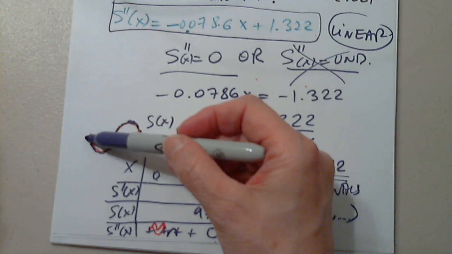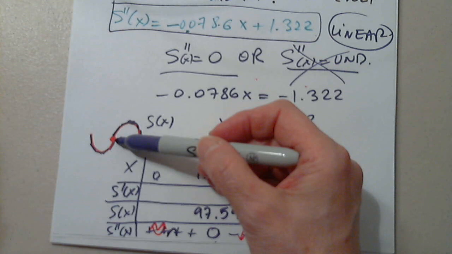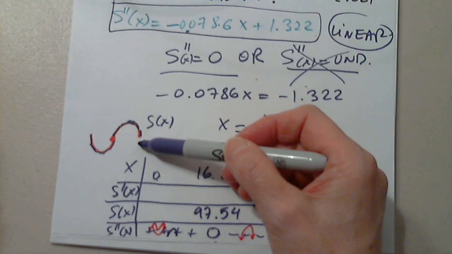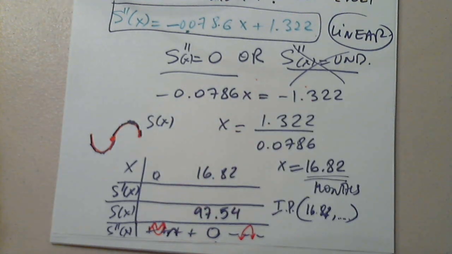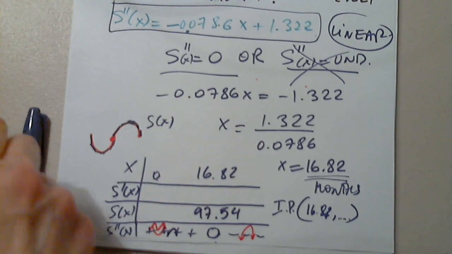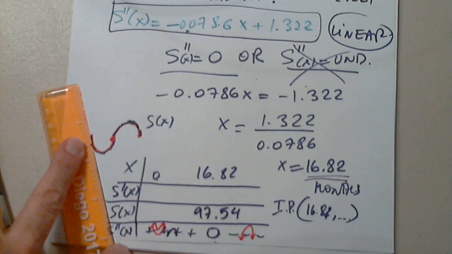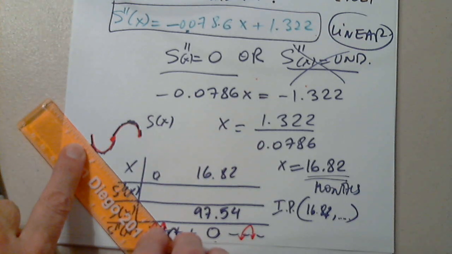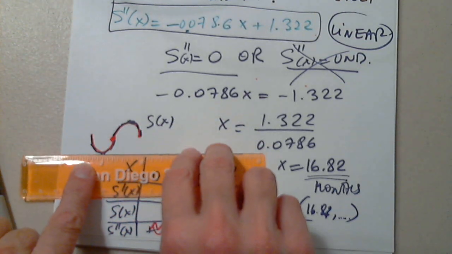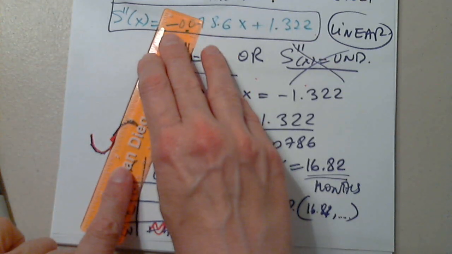So the rate of change increases, decreases. See here, it starts with a huge negative rate of change, smaller negative rate of change, smaller, zero, positive, bigger. Oh, okay.